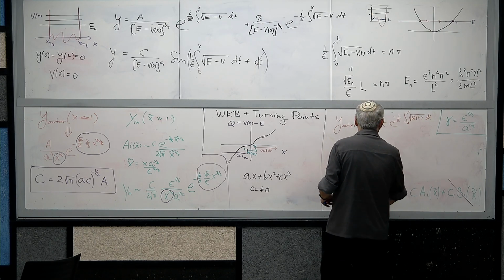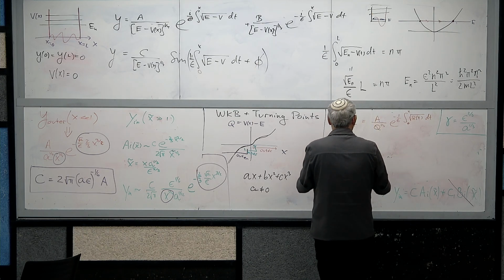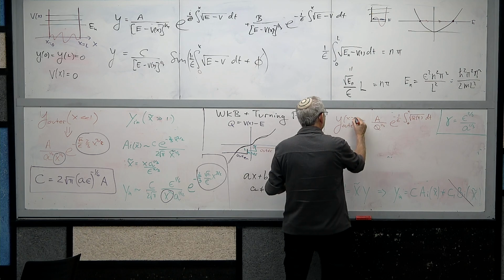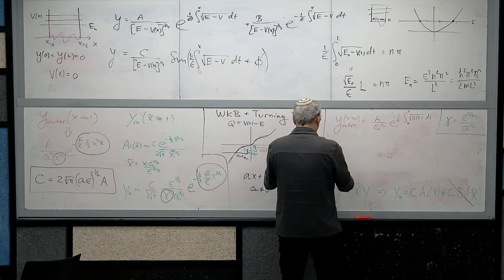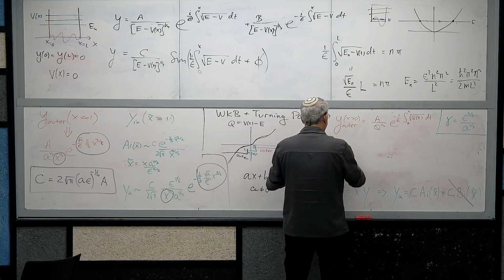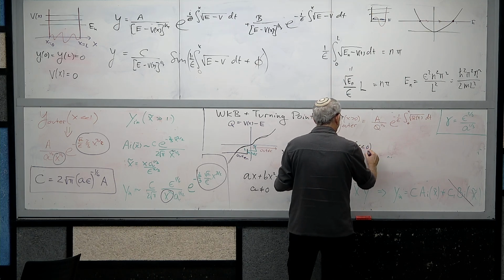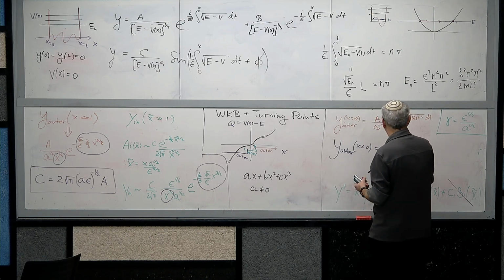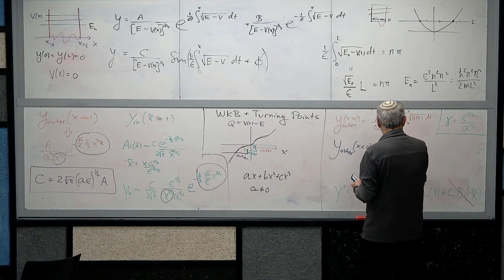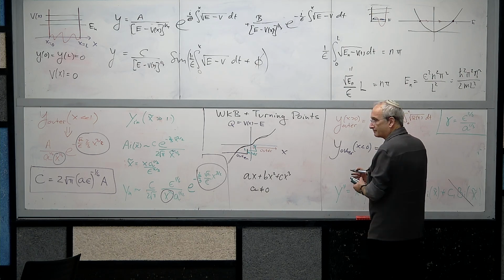we have y outer for x larger than 0, and now in purple I will write y outer at x smaller than 0, and this is say b divided by q to the 1/4.